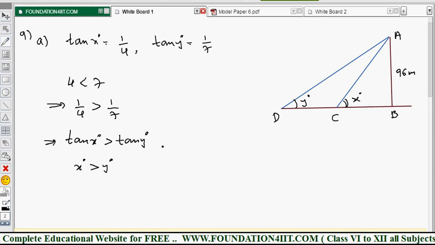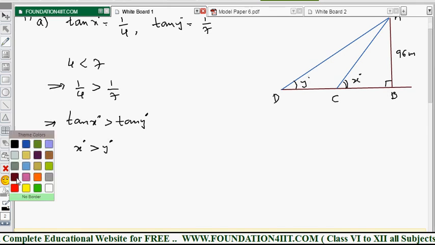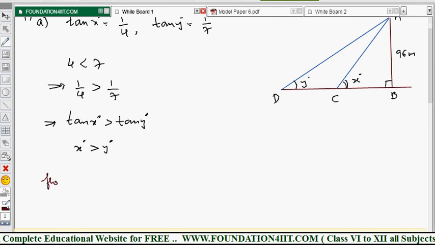Now take the two triangles here, triangle ACB and triangle ADB. First we will take triangle ABC. From triangle ABC, tan x is equal to opposite by adjacent, so 96 by BC, and the tan x value is given, that is 1 by 4.